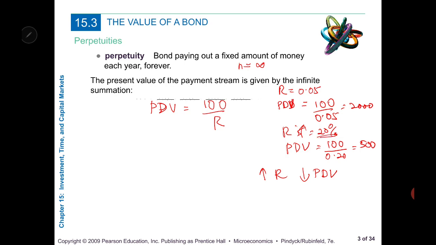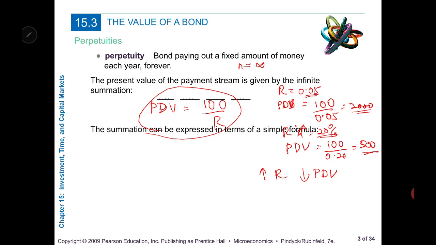If you use 20%, your PDV is 500. But if R is 5%, your PDV is 2,000. So you still have the same inverse relationship, except that for perpetuity, the formula is a lot more simple.